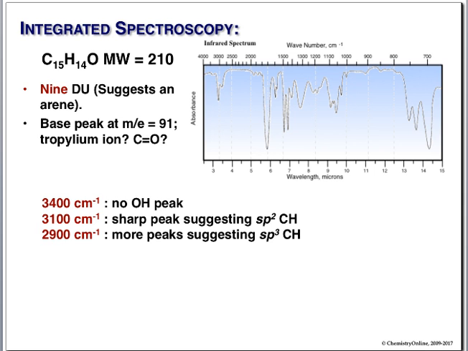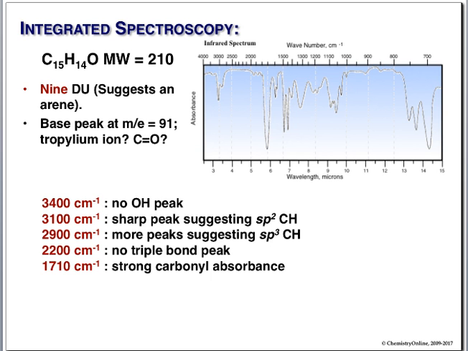Do we have a triple bond? Absolutely not. 1,700. Whoa, now that says carbonyl, doesn't it? We have a nice, big, happy carbonyl. Look at 1,600 and below. We kind of recognize these. These are the peaks we see for benzene, carbon-carbon stretching.